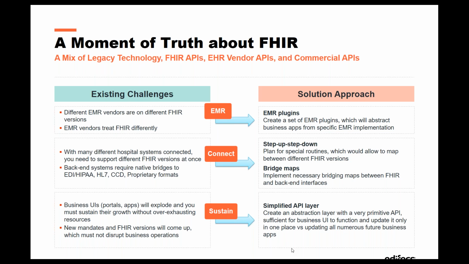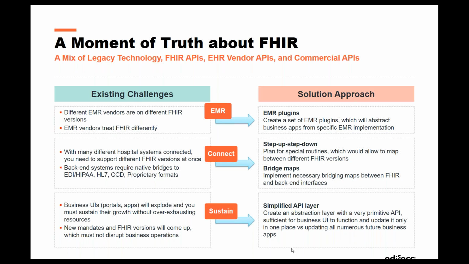Beyond that, there are many other questions, like you cannot support all FHIR versions at once. Right now, there are 4 of them, but in 5 years, I'm sure there will be 10 more. So how do you approach that? The typical solution is to use what we call step up, step down components, where you standardize on the version of FHIR you consider to be the most frequently used.